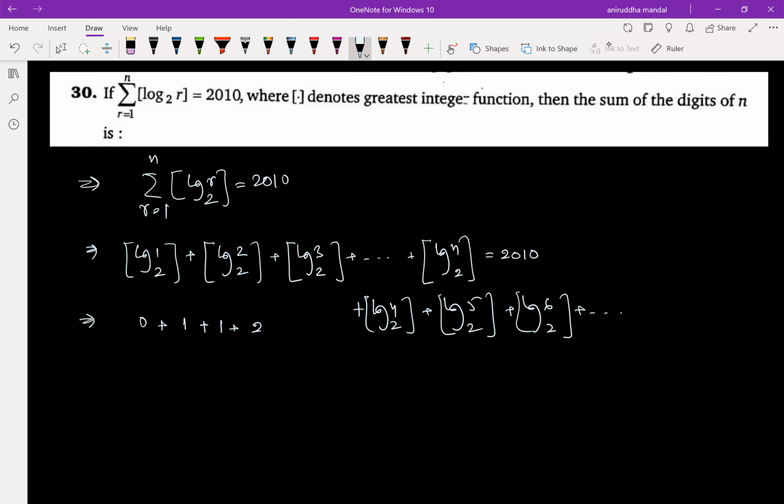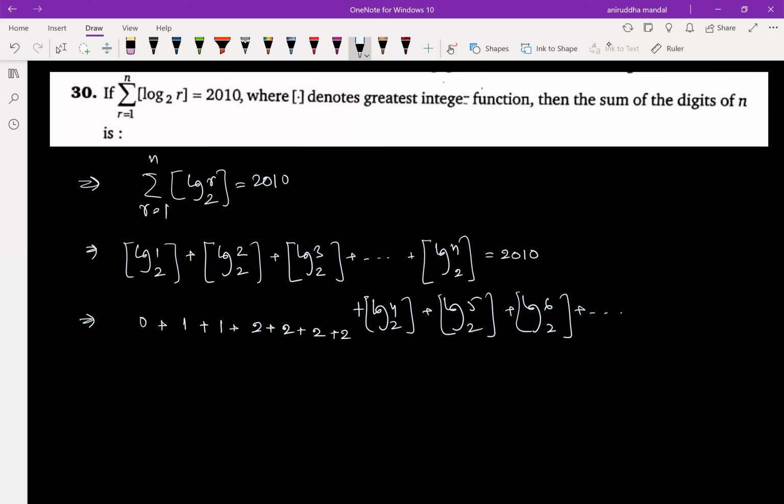So this is 2. Then log 5 is also 2 point something, so the greatest integer is 2. Log 6 is also 2 point something, and it continues till log 8, which is 2 cubed, which means 3.